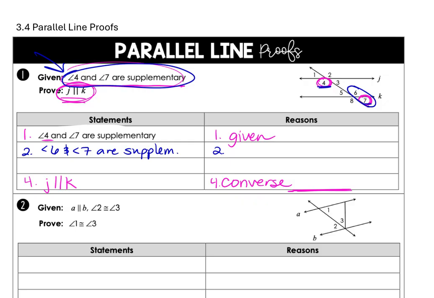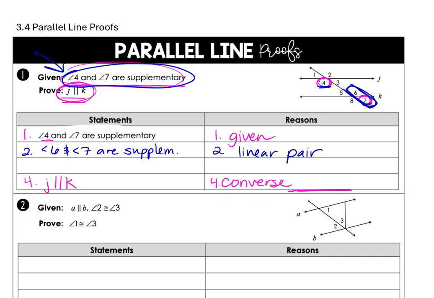Not same side. Can't use any of those. Not alternate interior. What are these two angles? They're a linear pair. Those you don't need parallel lines for, right? So you can say because they are a linear pair, they're supplementary.